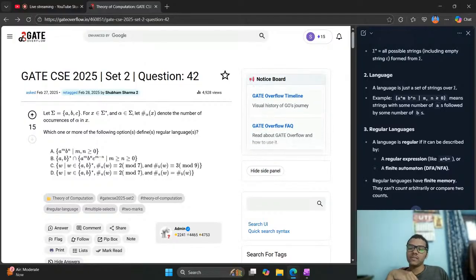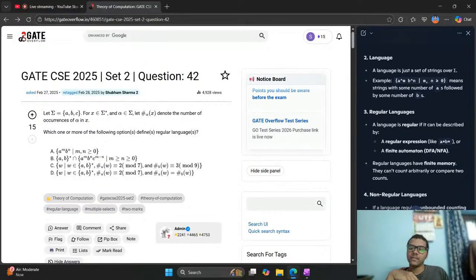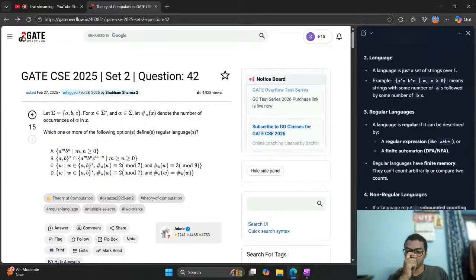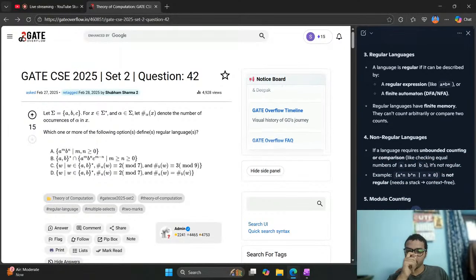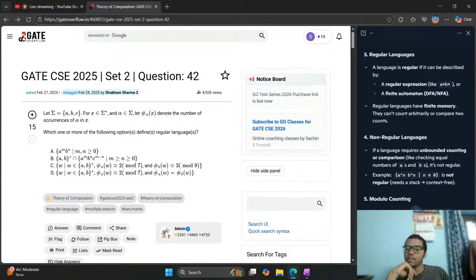Regular expression or finite automaton. Unbounded conditions or comparison.